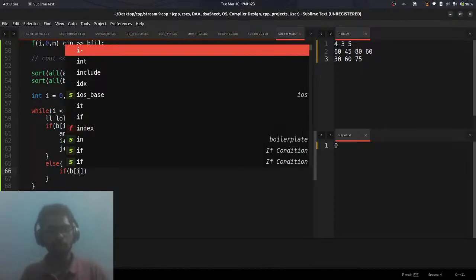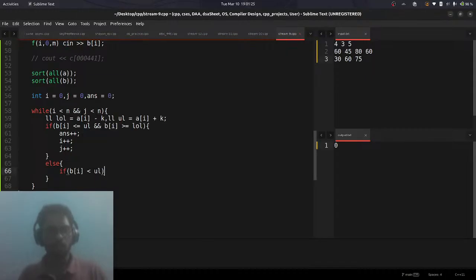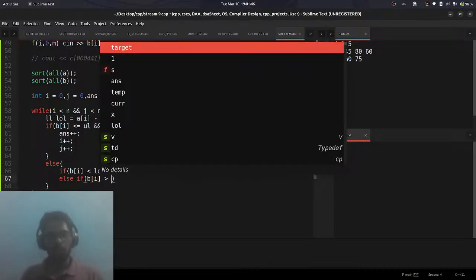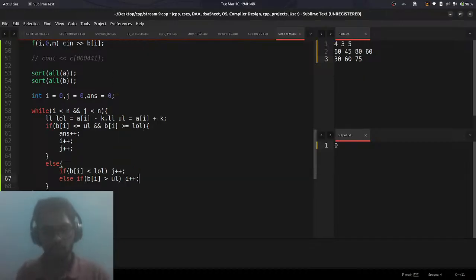If B[i] is less than your lower limit, then we'll move the other pointer forward. Else, if B[i] is greater than the upper limit, then we'll move this pointer forward. And then we will do this. Should work.